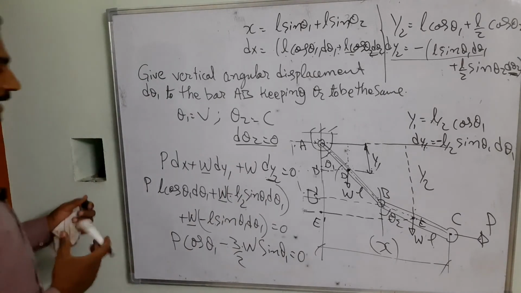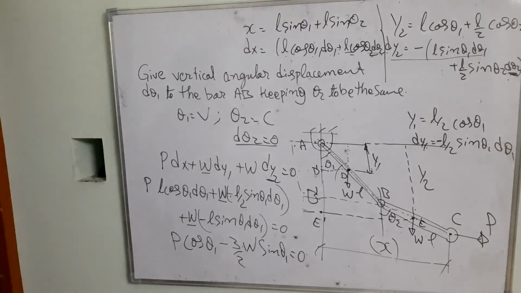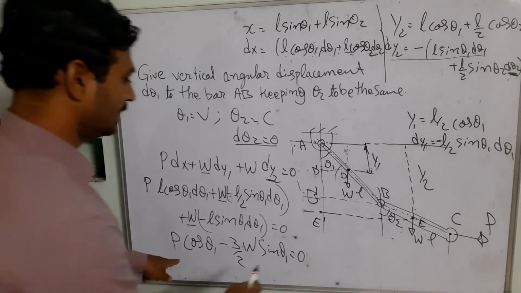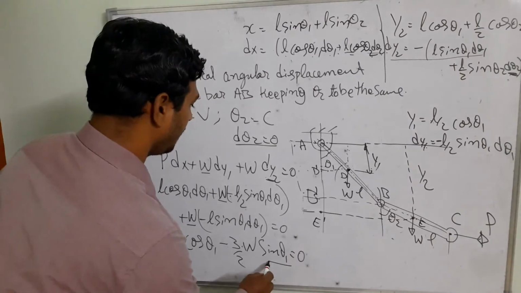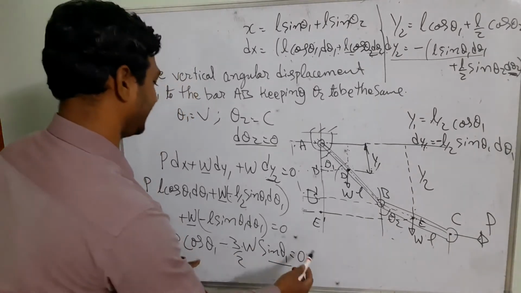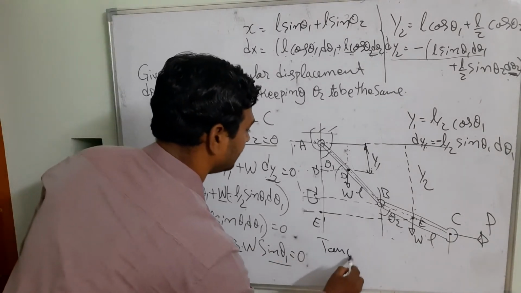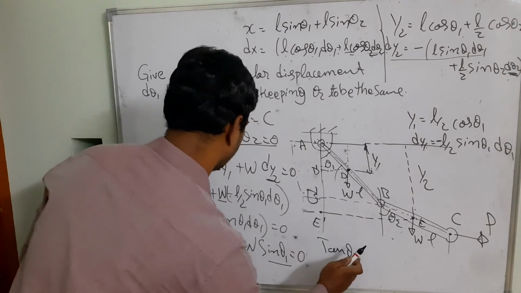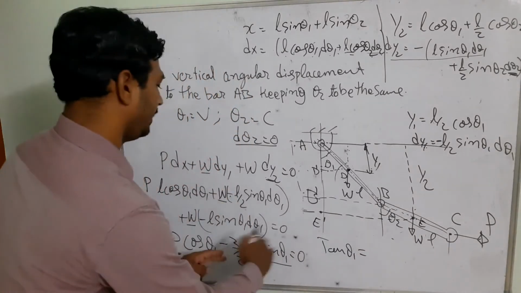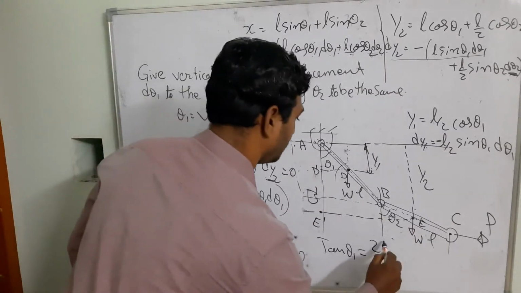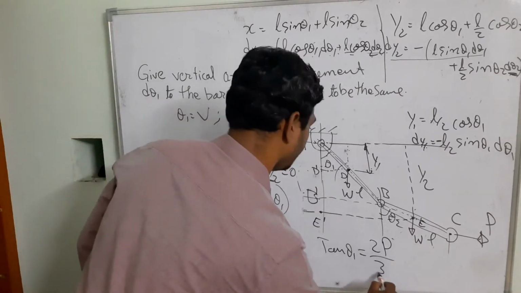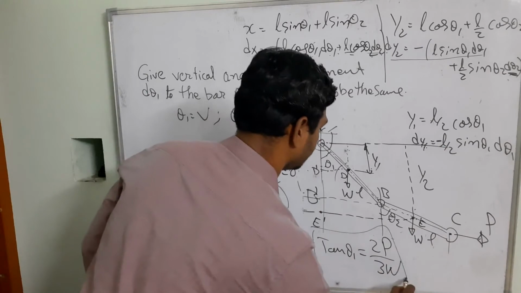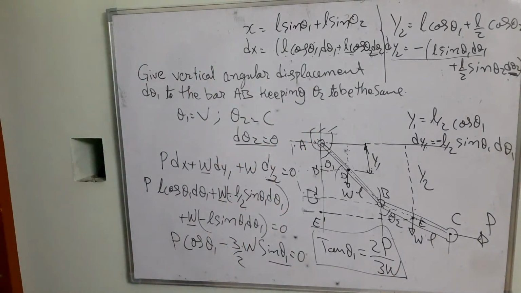Taking sin theta to the right side, tan theta 1 is equal to 2P by 3W. So this is the equation we have got: tan theta 1 is equal to 2P by 3W.